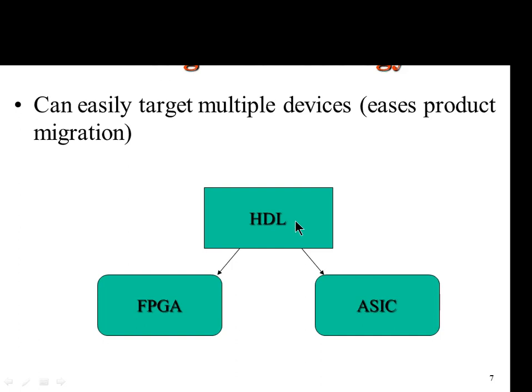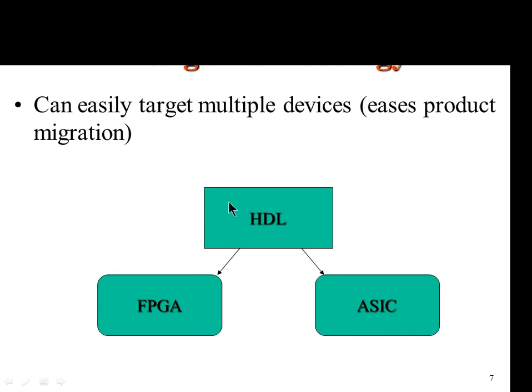Now, if you want to convert or use that Verilog code with a different FPGA, you have to replace that component with a similar component from that library. But ultimately, you'll have to make a change in the Verilog code. So it is no longer technology independent. It is dependent on a particular technology.